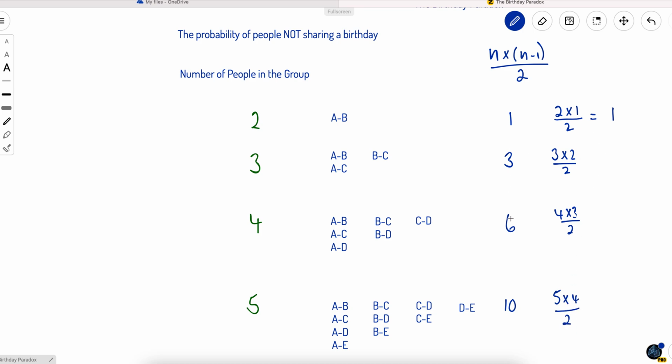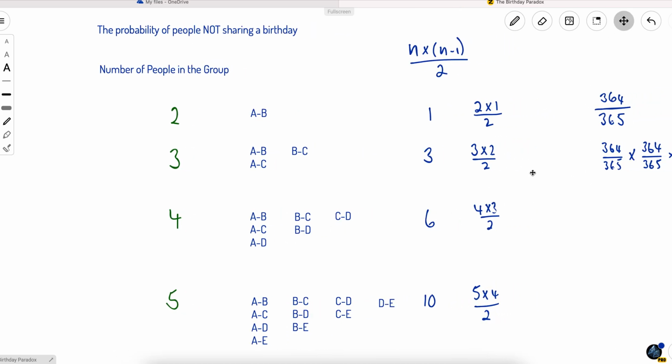So these are the number of comparisons that we get, and this is how we work it out. So if we knew the number of people, we would just subtract 1 from that, multiply it together, and divide by 2 to get the number of comparisons, if that was for a larger group.